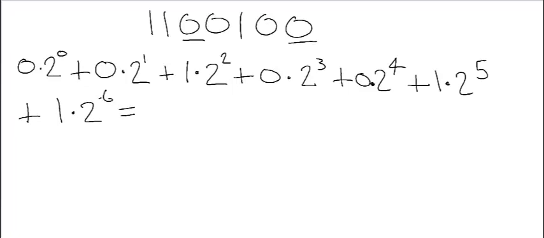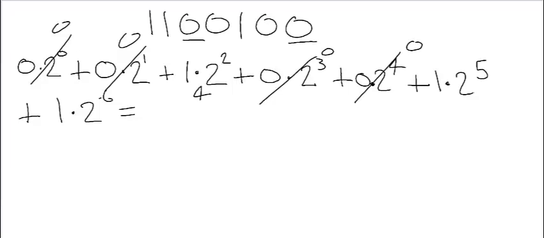And if you memorize your powers of 2, this can go pretty easy. So this is going to be 0. We don't care about the zeros. We only care about these. This is 4 times 1, this is 4. 2 to the 5th is 32. And this is 64.